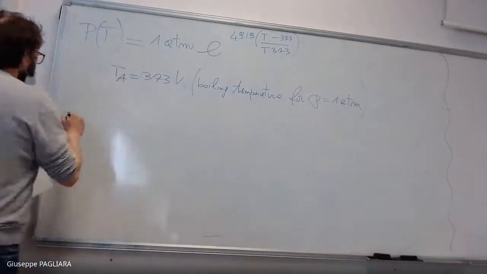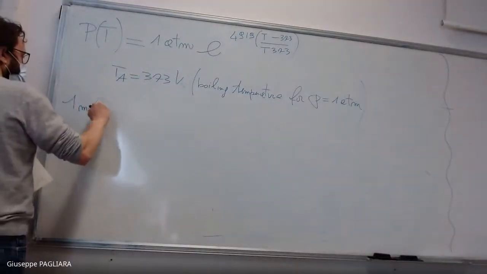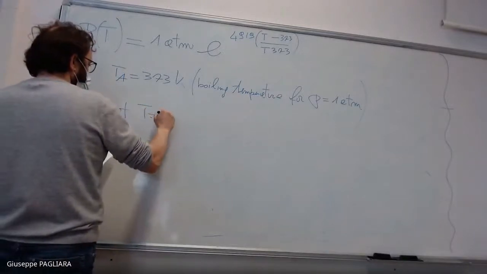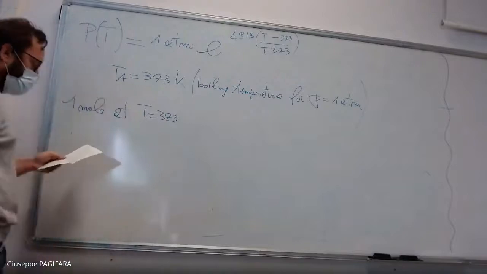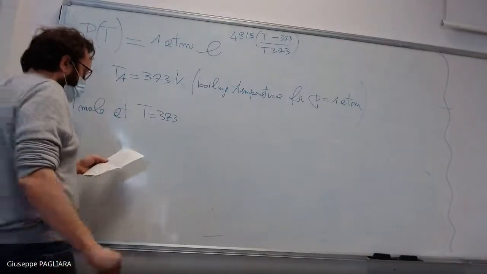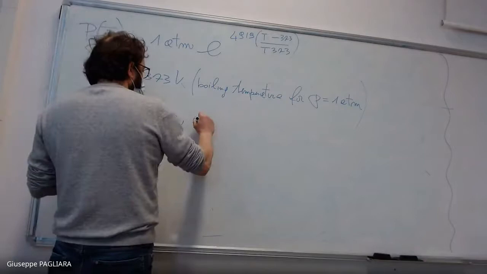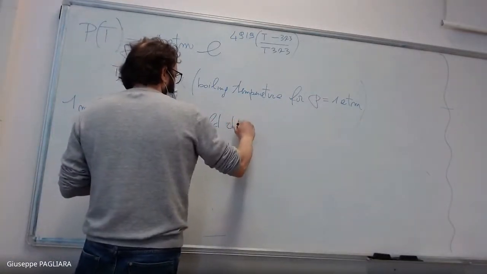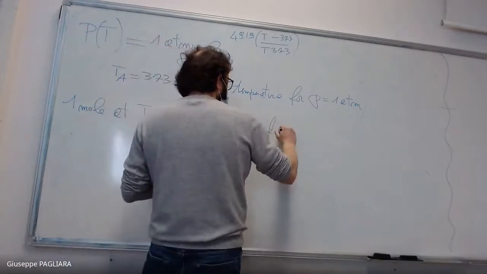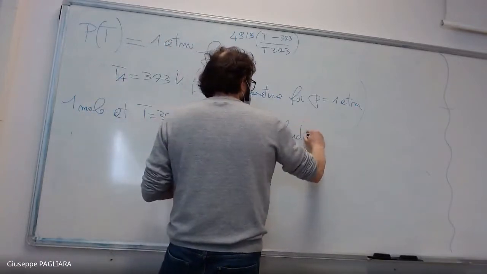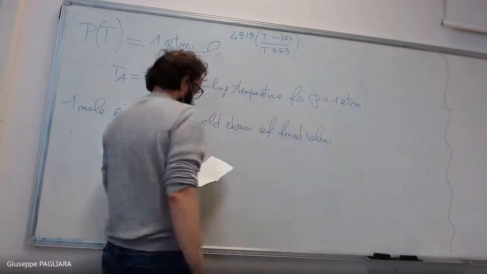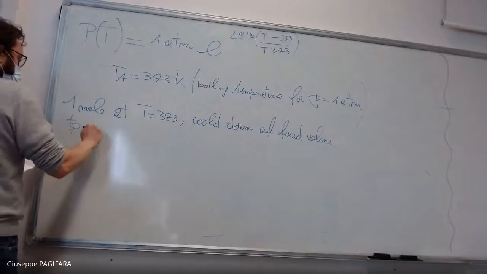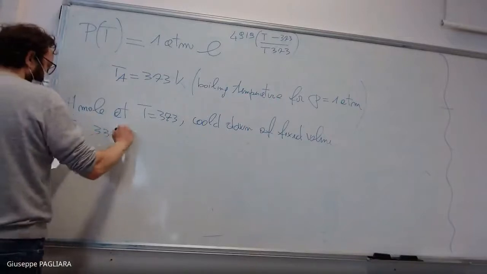You have 1 mole at T equal to 373, so exactly at the boiling point at 1 atmosphere, and cool down at fixed volume down to 336 Kelvin.